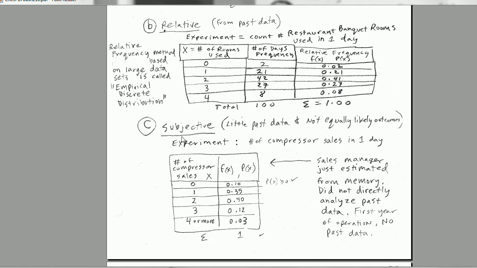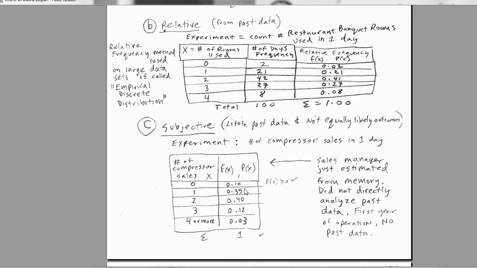The final method, subjective: we have little past data, and we do not have equally likely outcomes. In this example, a sales example, usually there's lots of data. We can look at past records to calculate the number of compressors sold at a compressor shop. These are big DeVilbiss compressors. Sometimes they don't sell any, sometimes they sell 1, usually they sell 2 or 3, 4 or more.